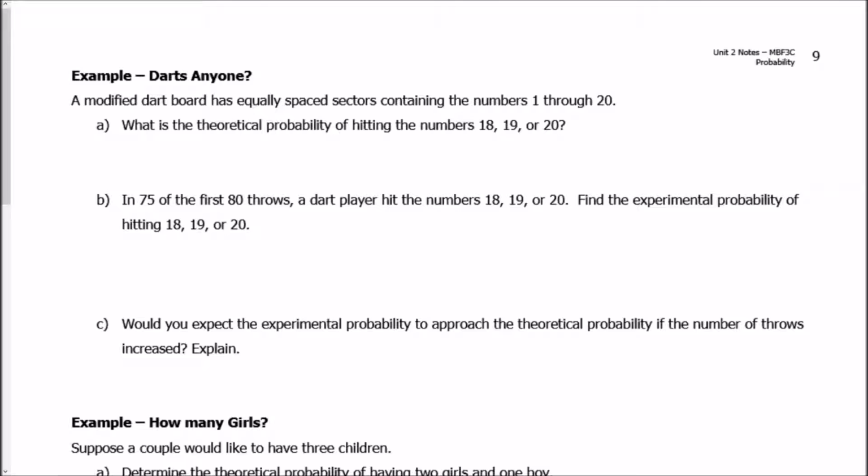This question says a modified dartboard has equally spaced sectors containing the numbers 1 through 20. That means each number has an equal probability. What is the theoretical probability of hitting the numbers 18, 19, or 20?